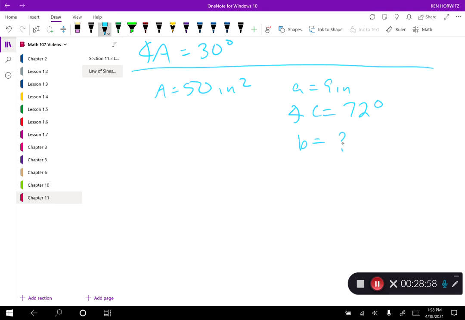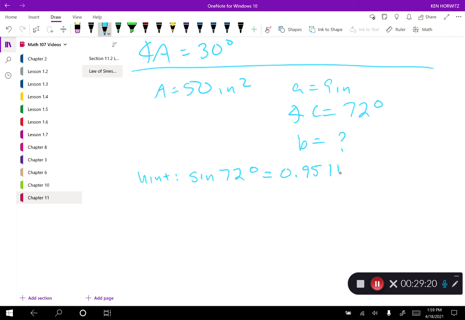All right, so all I did was write down the given information and what we're looking for. Now I have a hint. My hint is sine of 72 degrees equals 0.9511.